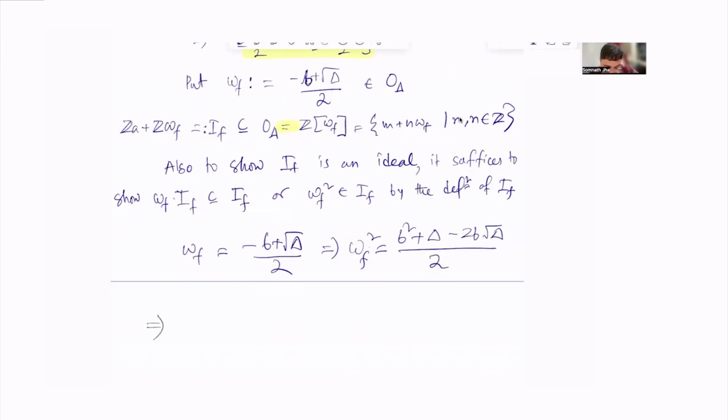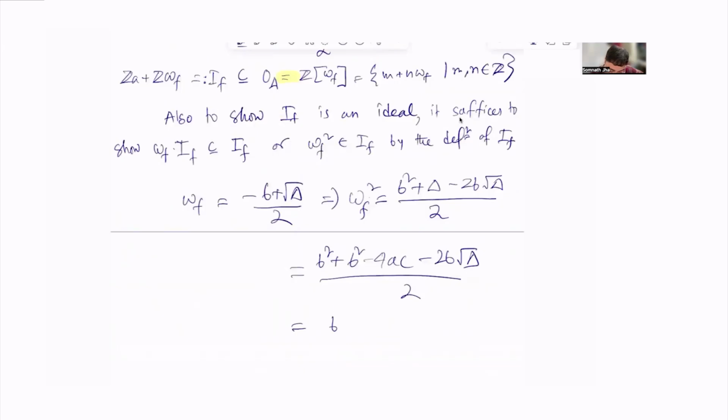So I want to write it out. This is equal to b square plus b square minus 4ac, minus 2b root delta, by 2.